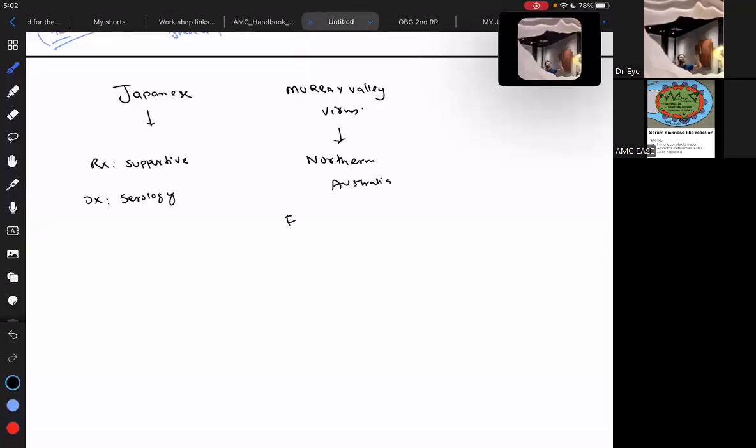Here the patient will have fever and CNS signs and symptoms. Please remember that the Murray Valley virus will have CNS signs and symptoms like confusion. So treatment is supportive and diagnosis is serology. So you have to remember this, northern Australia.